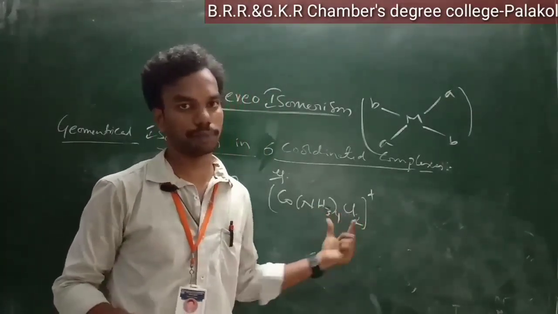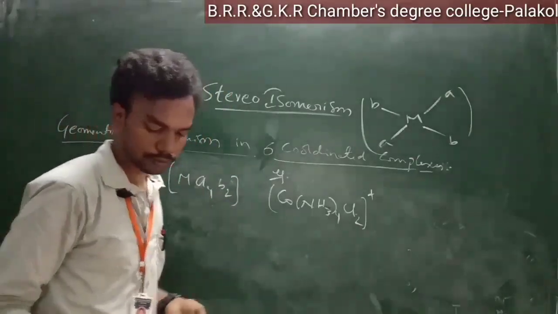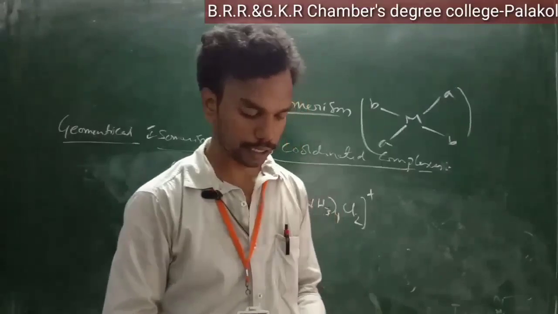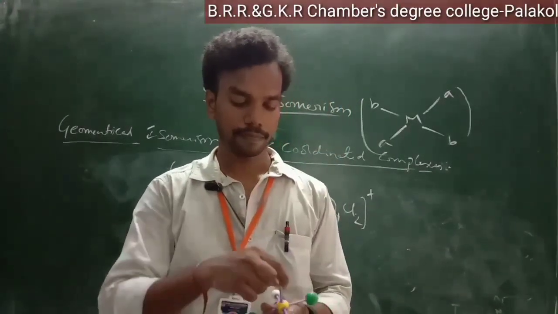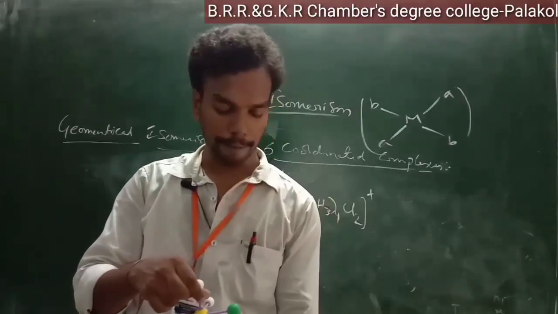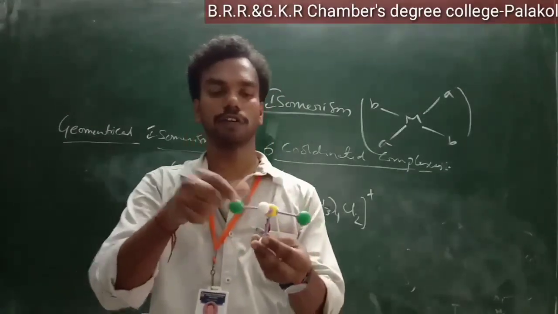Total six, so the coordination number is 6. This complex shows geometrical isomers. If you see the structure of this complex, this is the structure of the complex.